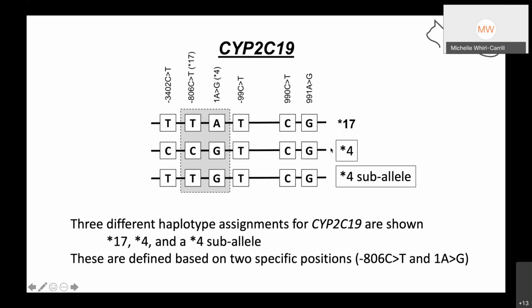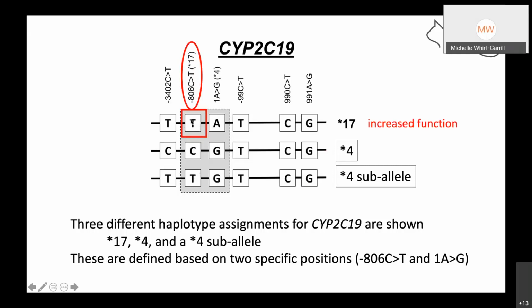This combination is a star 4, and this combination is a suballele of star 4. But there are these two positions that really matter. This one has a T and an A, this one has a C and a G, and this one has a T and a G. So it's a little bit like star 17 and a little bit like the regular star 4.